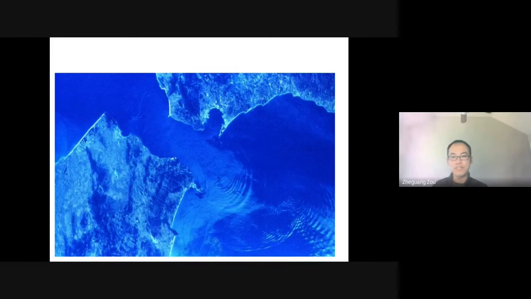The reason we see this surface signature is a more complicated mechanism. When the internal wave is propagating, it creates very small ripples at the surface. Usually those ripples are not easy to see by eye, but there is a wave scattering phenomenon, what's that called? I kind of forget.